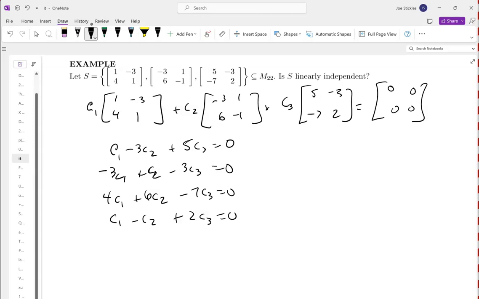Now, the good news is that this is an intermediate step that I'm assuming you're going to skip eventually. Okay? Because what are we going to do with this particular system now? Make a matrix, right? We get 1, -3, 5, -3, 1, -3, 4, 6, -7, 1, -1, 2. Those are the coefficients.